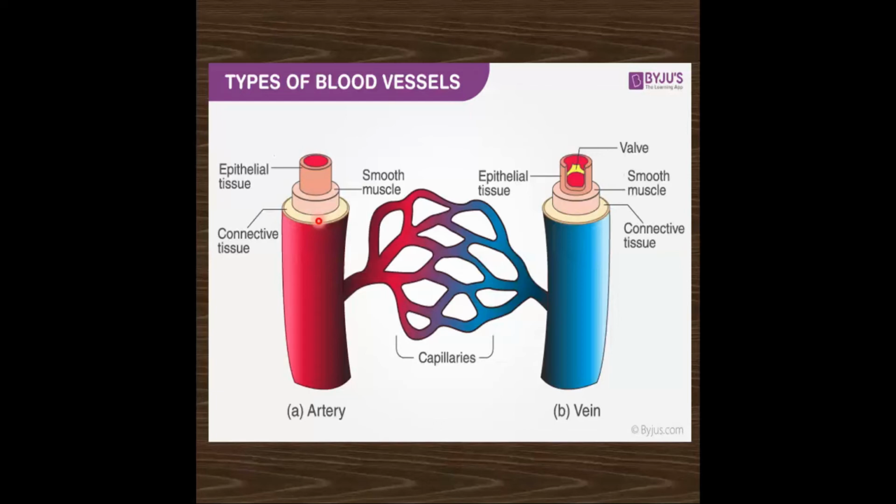Hematocrit is the percent of erythrocytes, or the red blood cell volume, to the total blood volume. The normal hematocrit value in a healthy male is 47%, while in female it is 42%. It means that around 47% in a male are red blood cells and the remaining are other cells. And the normal pH of blood ranges between 7.35 and 7.45.